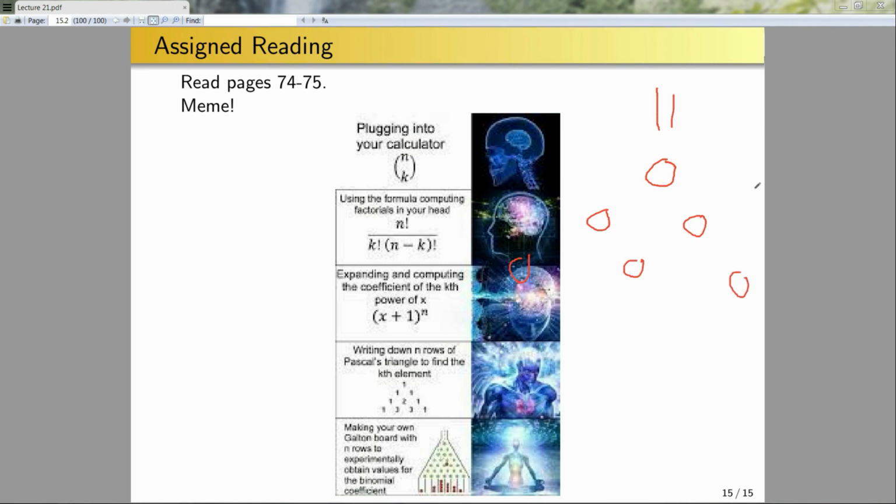If I wanted to experimentally compute the coefficients of these binomial expansions, I can build this setup with little containers at the bottom. Here I have 4 containers, which would be the coefficients for x to the 0, x to the first, x to the second, and x to the third.